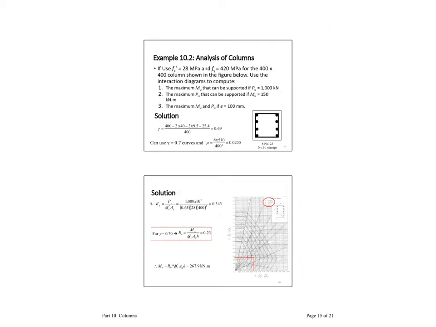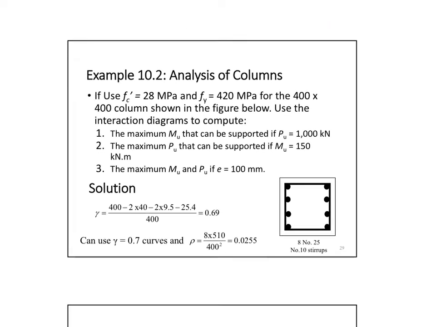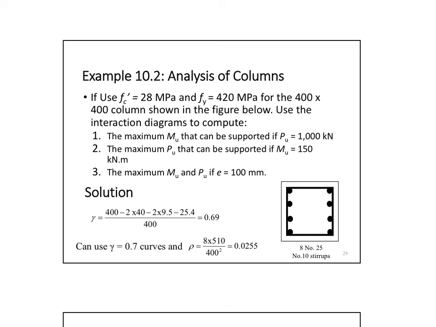Taking an example now, example 10.2, if we use an f prime c equals 28, f yield equals 420, for a 400 by 400 column, so this here is 400 by 400. But we can obviously see that the reinforcement is only on two sides, which means we will have some moment somewhere in this direction, right?